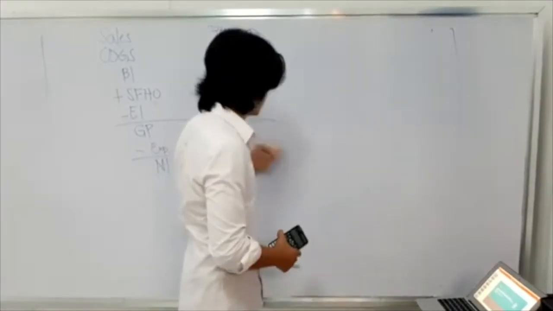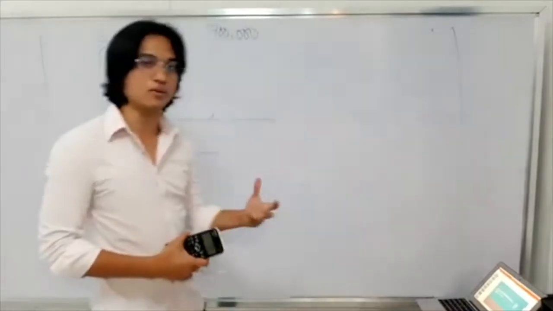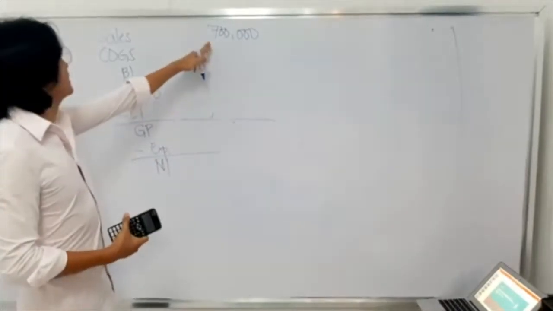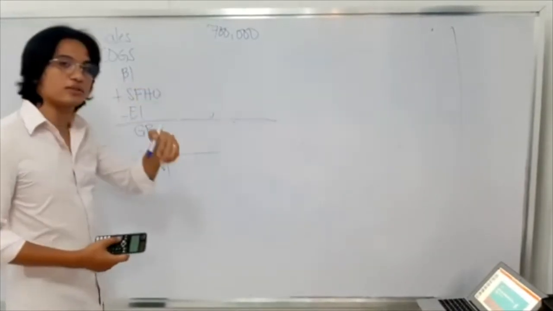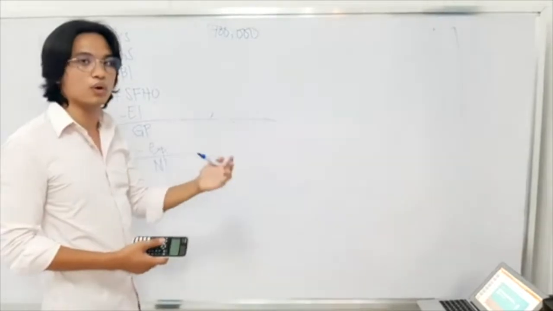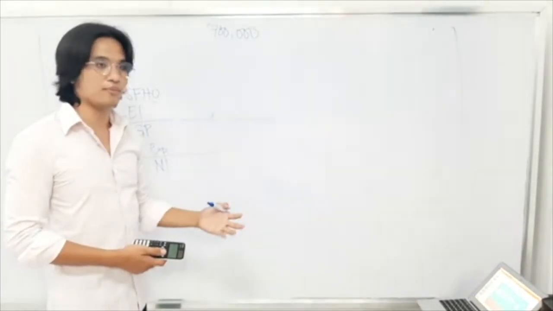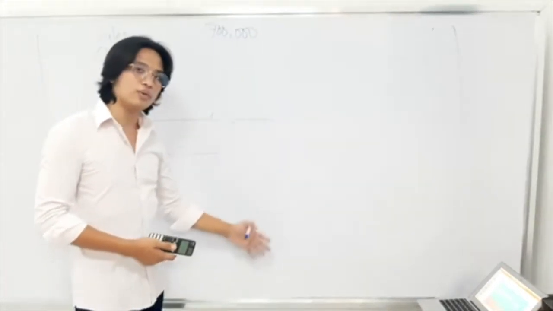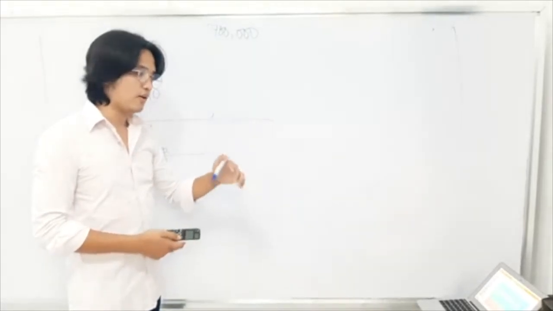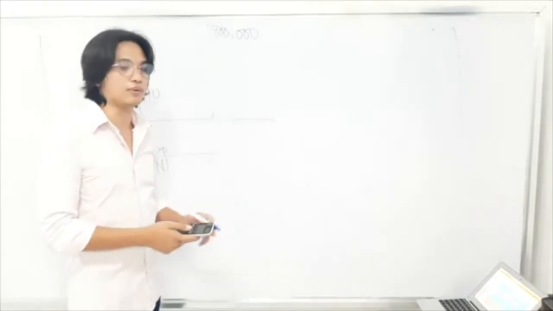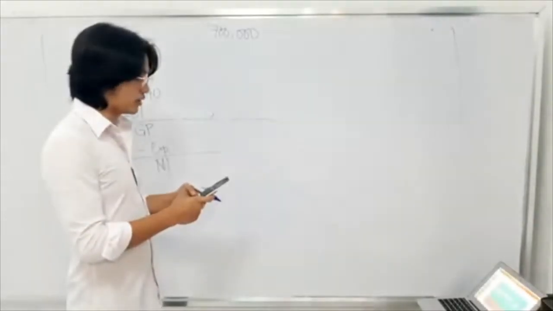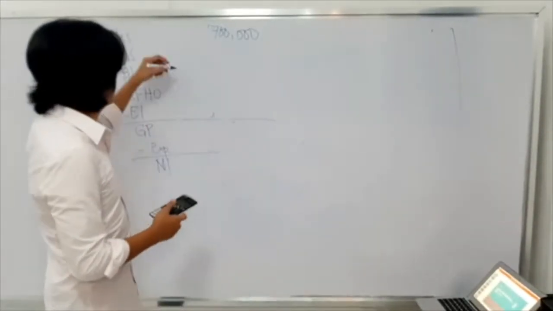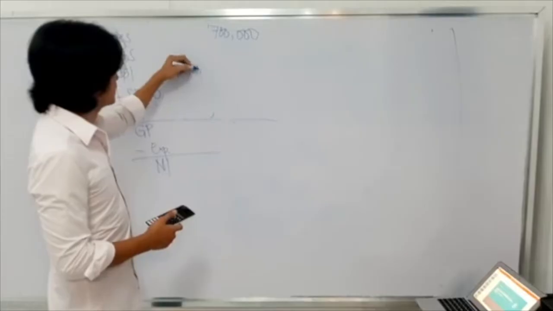Okay, so we present the figures already in cost. So 700,000 beginning inventory, it's given in the problem, but if it is not given in the problem, you can just follow what we did before, like 150,000 divided by 1.5. So in this case, beginning inventory is 100,000.